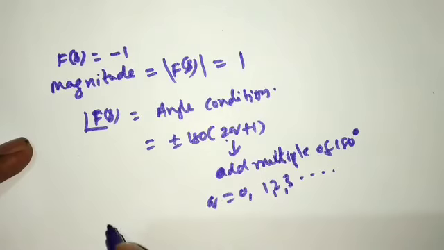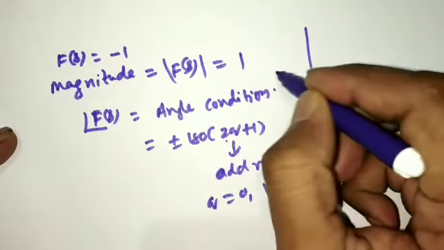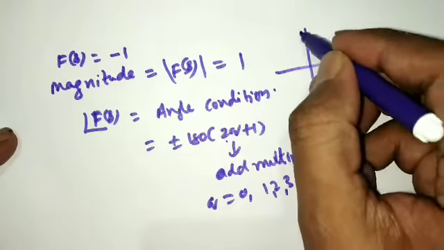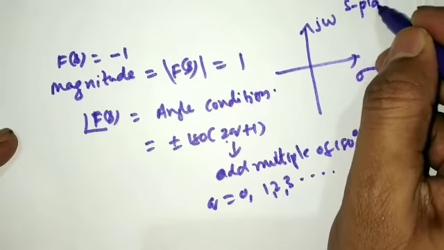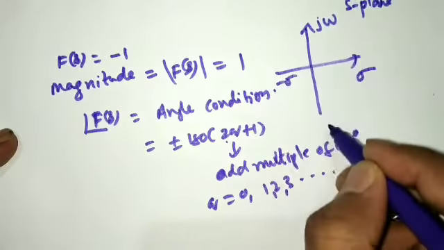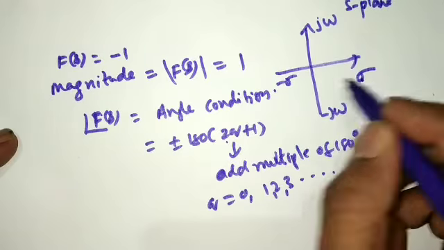If we take this graph, this is the s plane, with j omega and minus j omega, and sigma and minus sigma.